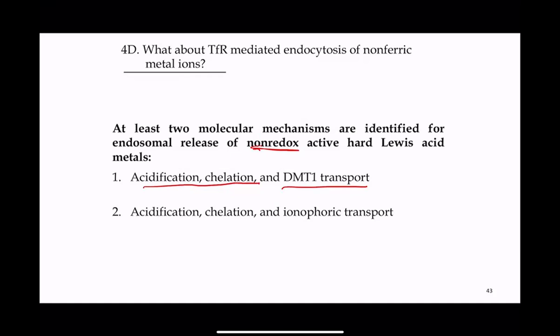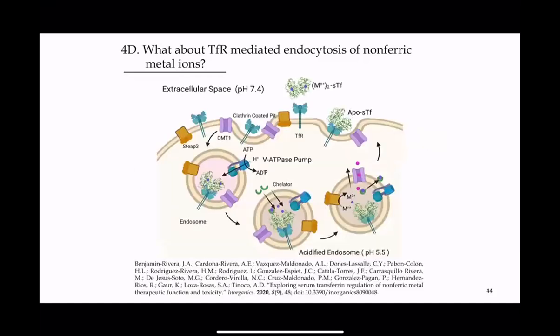That's one model. There's also another model where you have acidification, chelation, and then that chelator serves as an ionophore. Remember, ionophore means small molecule that transports. So if the chelator itself binds the metal and it transports it out of the endosome, right? So that is a possibility. And that's summarized in this picture right here.